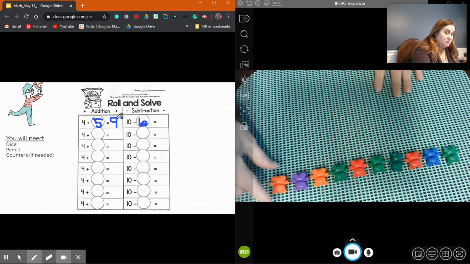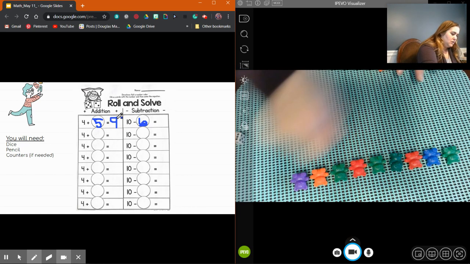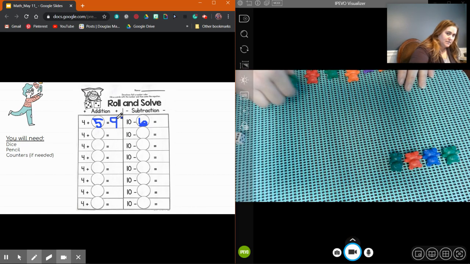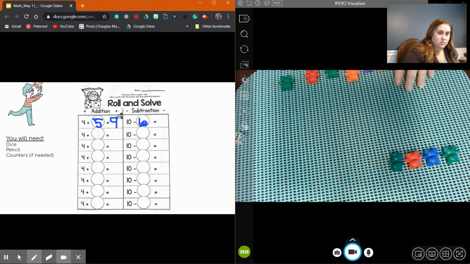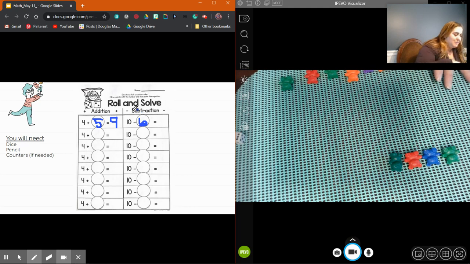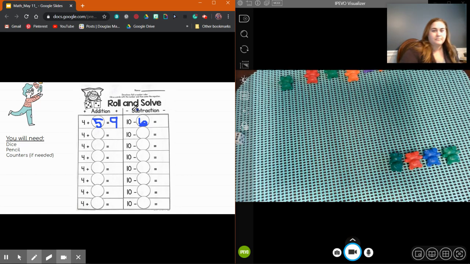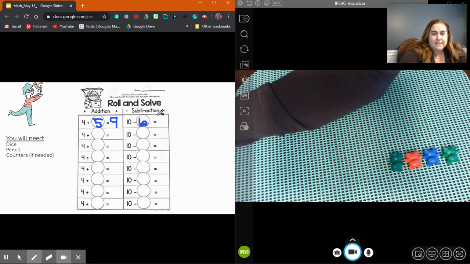So I'm going to remove 6. 1, 2, 3, 4, 5, 6. In order to answer this problem, I need to count how many bears I still have left at the top from the 10. 1, 2, 3, 4. So 10 take away 6 equals 4.